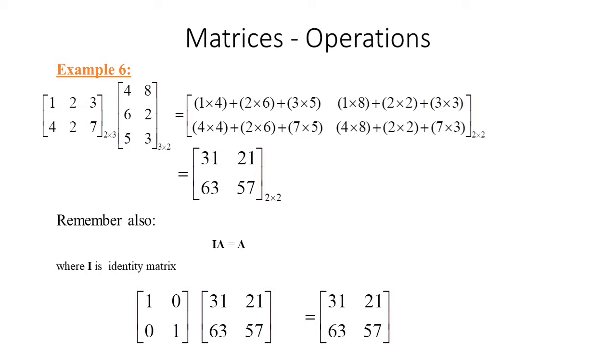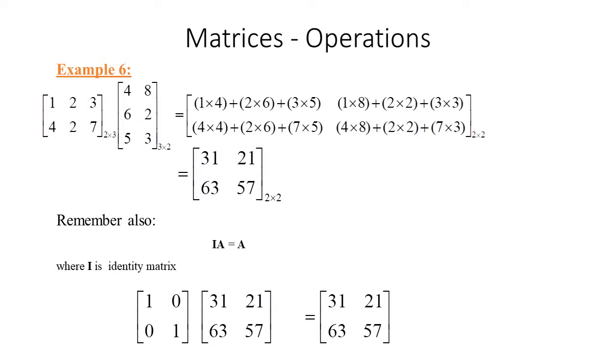Also remember, IA is equal to A, where I is an identity matrix, or you can say unit matrix. A can be any matrix. If you multiply an identity matrix with A, we get the same matrix A. Now let us take an example.